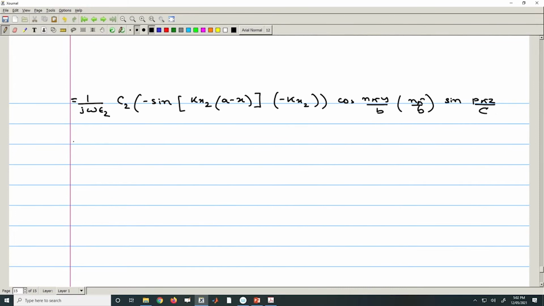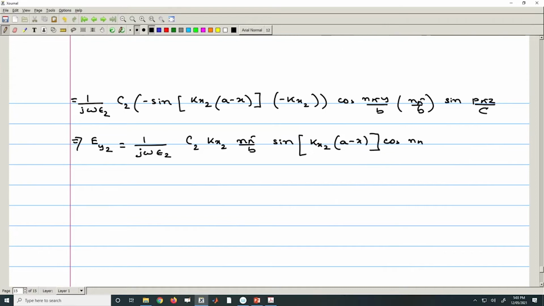Therefore, we can write Ey2 is equal to 1 upon jωε2 C2 and C2, then this minus minus gets plus, so C2 kx2, then nπ by b sin of kx2(a − x) cos of nπy upon b sin of pπz upon c.